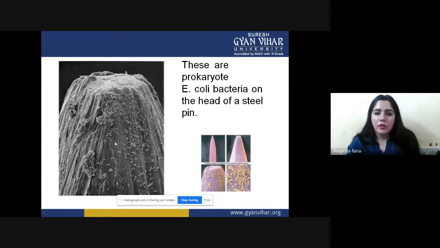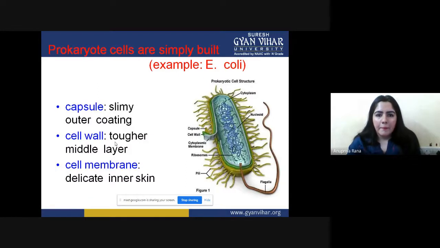Now we will also see here that the prokaryotic cell is simply built. If we take an example of the E. coli cell here, there is the capsule, a slimy outer coating. Why are we taking this here?